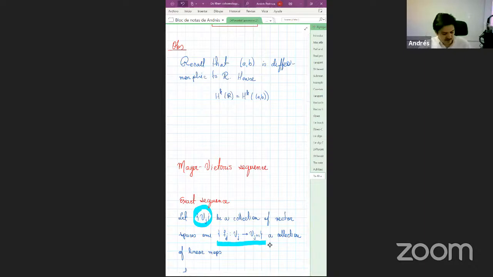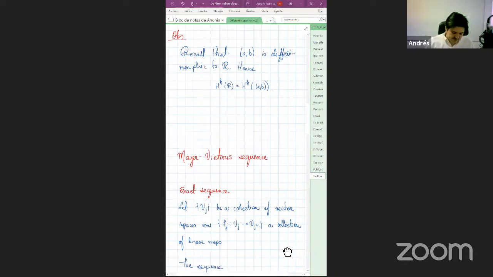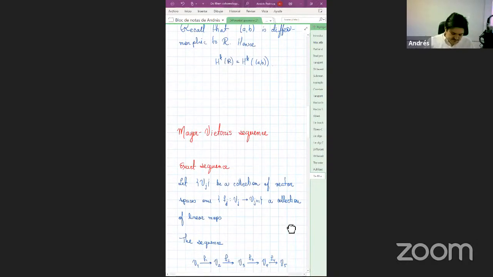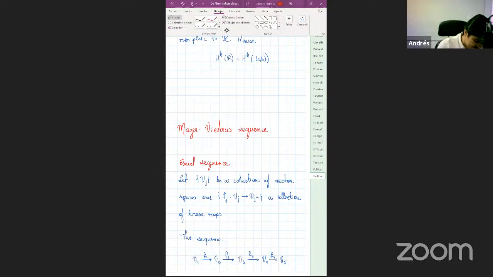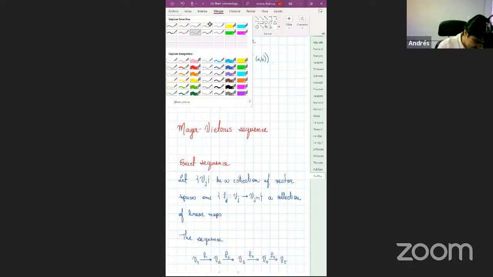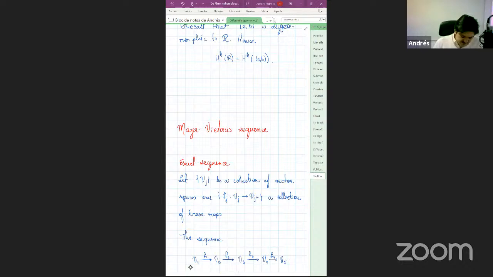So I have a whole collection of vector spaces and linear maps between them. All of them gives me something like this. So I have that collection of vector spaces and linear maps.